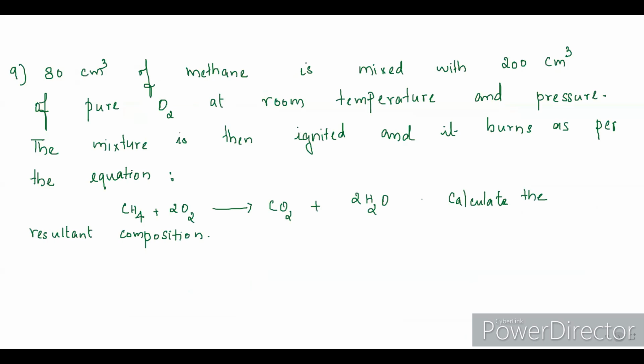the next question. 80 centimeter cube of methane is mixed with 200 centimeter cube of pure oxygen at room temperature and pressure. The mixture is ignited and it burns as per this equation. So let's quickly write the Gay-Lussac's relation.